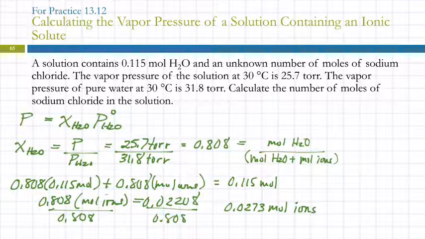It wants the moles of sodium chloride. Sodium chloride, we're going to ignore Van 't Hoff factors. Sodium chloride dissolves, it forms two ions, right? So if we want moles of sodium chloride, we get 1 mole of sodium chloride for every 2 moles of ions.